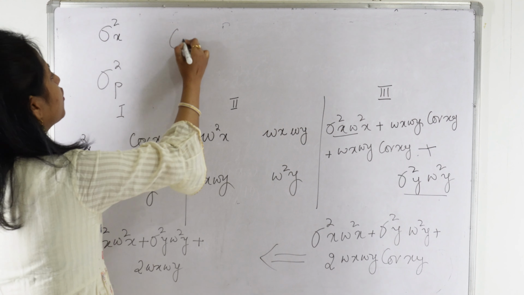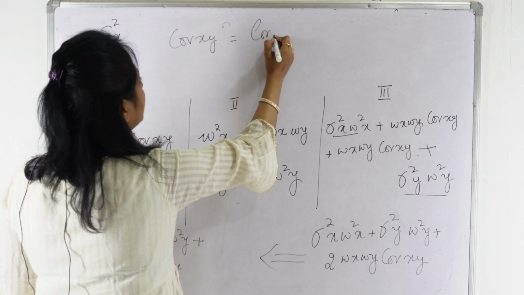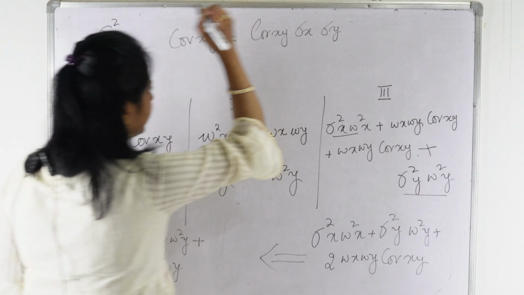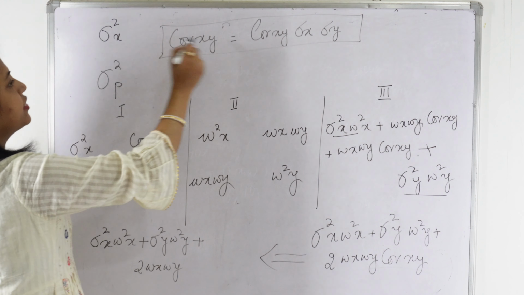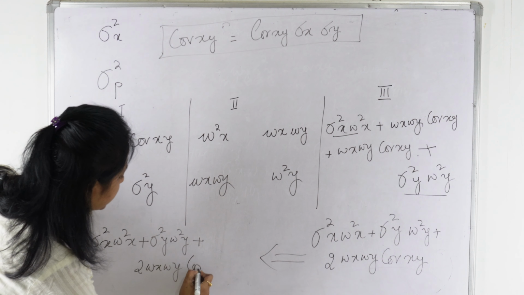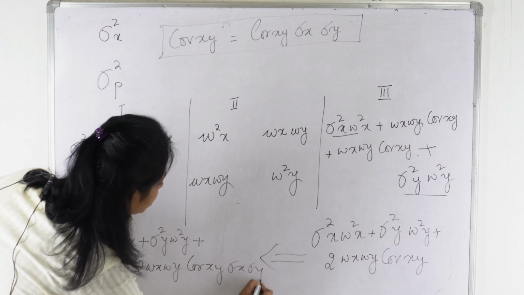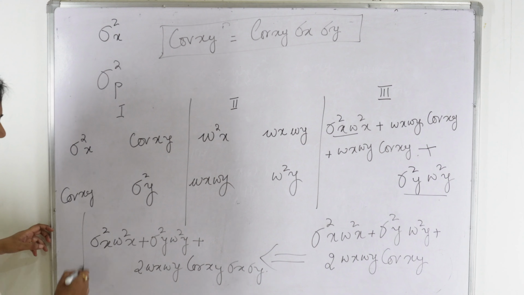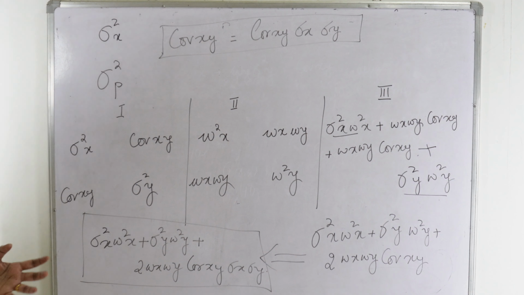If you remember, covariance xy is nothing but correlation of x and y into standard deviation of x and standard deviation of y. This is one formula that we already have. So I just write that this is equal to correlation xy into standard deviation of x, standard deviation of y. So if you want, you can write it like that, this is how we calculate the portfolio risk. So what are the things that are required?